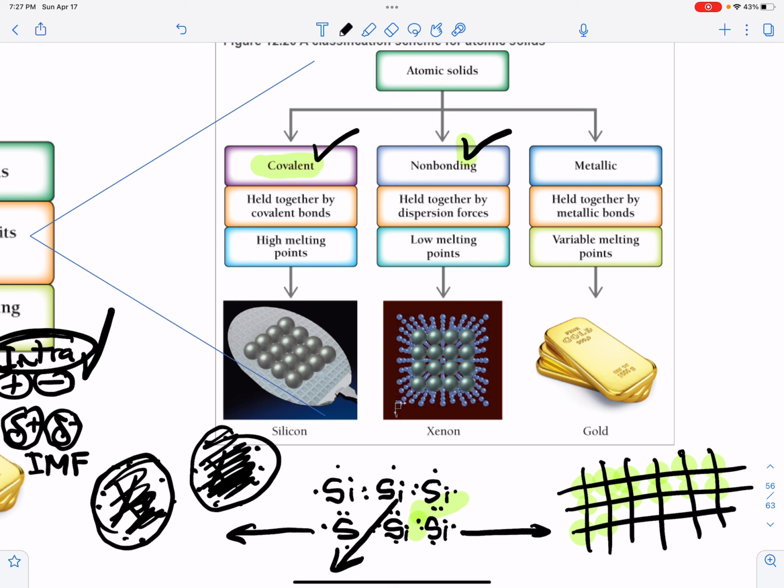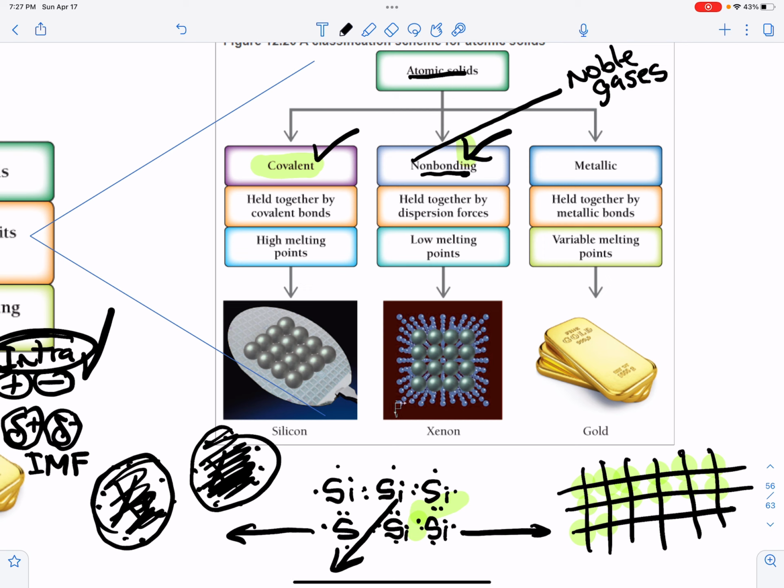The only thing keeping them together is intermolecular forces, dispersion. So you can put in your memory bank that the non-bonding atomic solid is made out of noble gases. I do not know of any other example that is not noble gases.